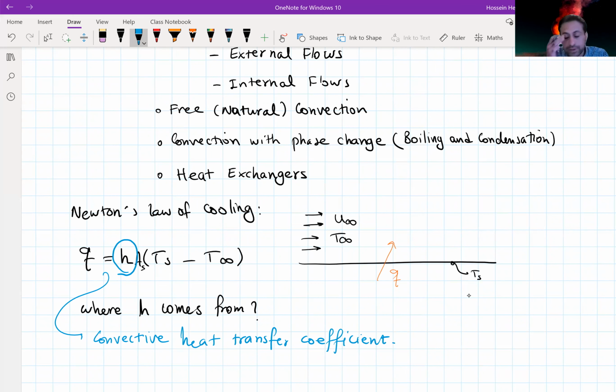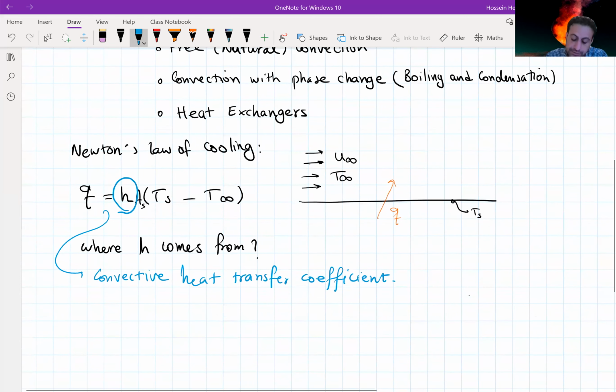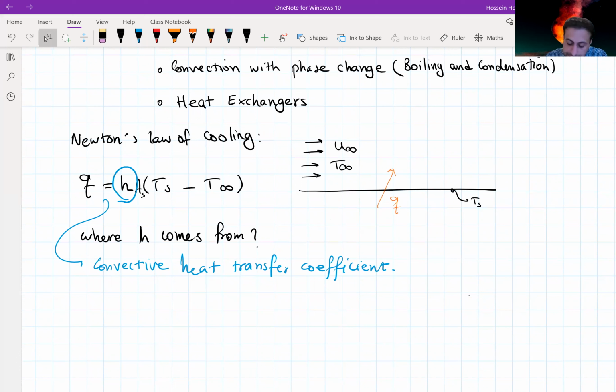And we have to evaluate flow over a surface in order to obtain or determine h.